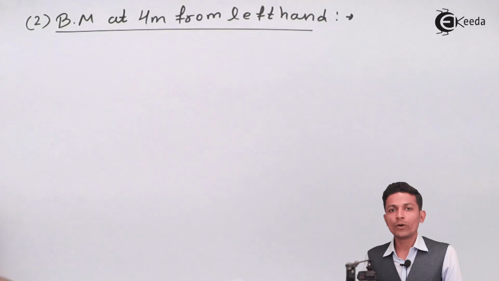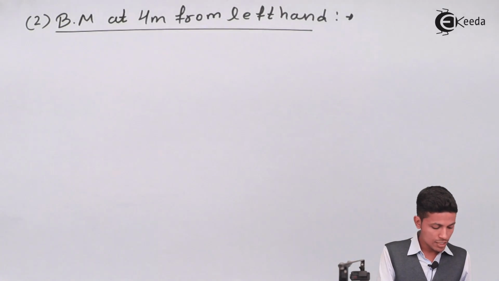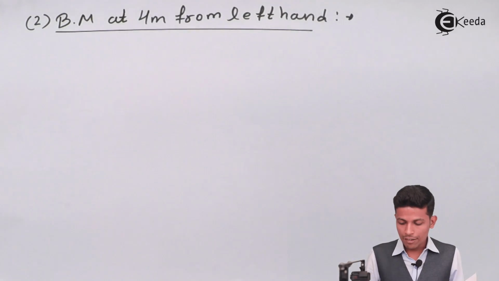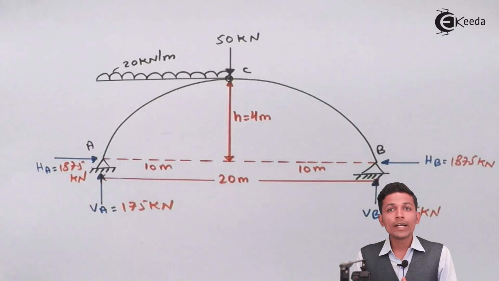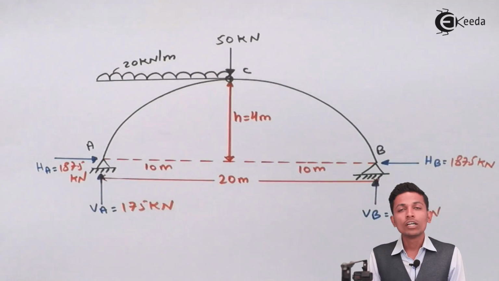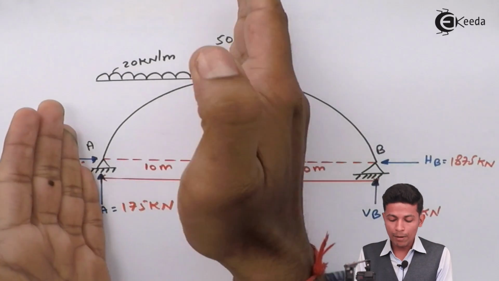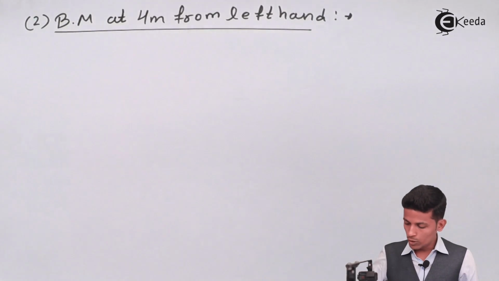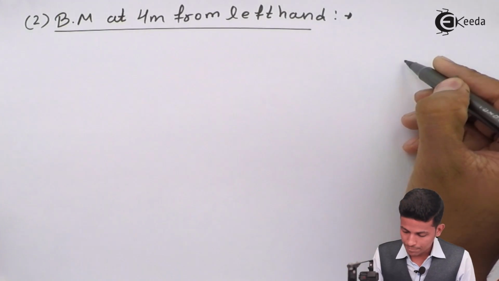Now what we have to do over here is see the diagram and find the bending moment at 4 meter from the left part. So just draw the FBD of the left part only.